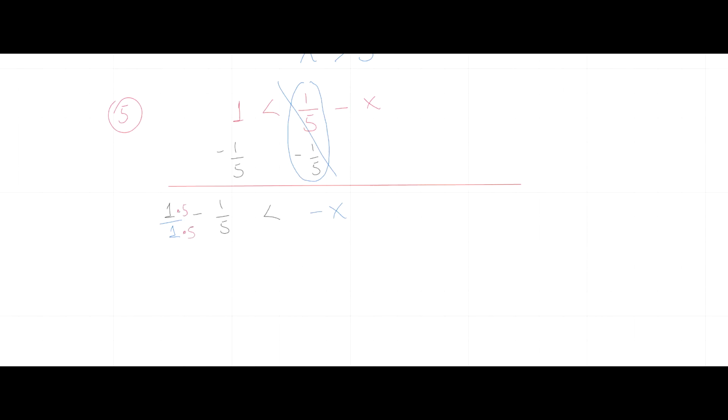So therefore, you have 5 over 5, which is going to be 1 again, but you need to have the same common denominator here. So you have 5 over 5 minus 1/5. And now you have the same number at the bottom. You're going to keep the number at the bottom, and then you're going to do 5 minus 1. 5 minus 1 is going to be 4.